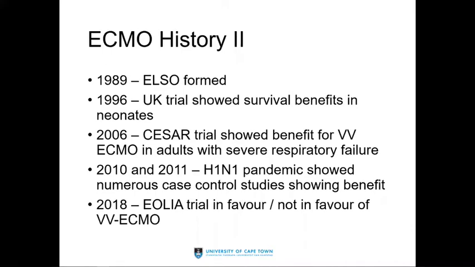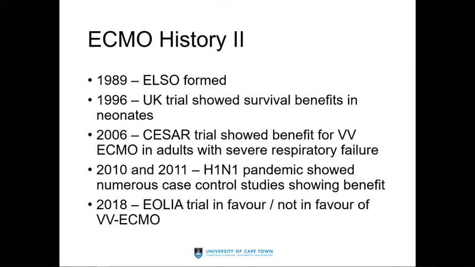But we'll interrogate that trial in more detail, because when you do get asked questions potentially in your finals, you may need to give a bit more of a nuanced comment on this trial, because it's not as clear a slam dunk as it's reported in this statement. Following the CESAR trial, in 2010 and 2011, the H1N1 pandemic produced numerous case control studies showing benefit of ECMO.